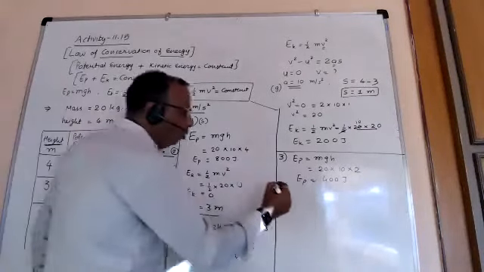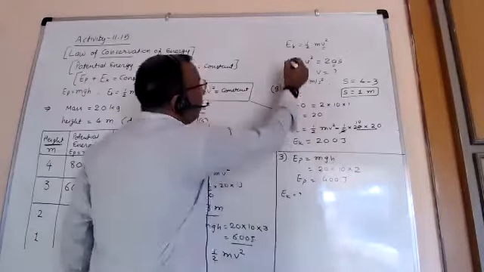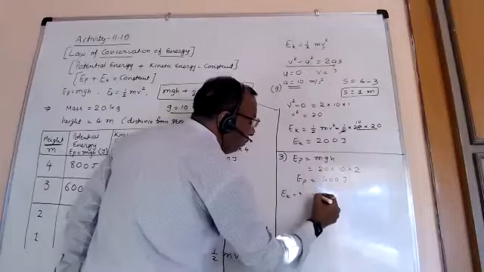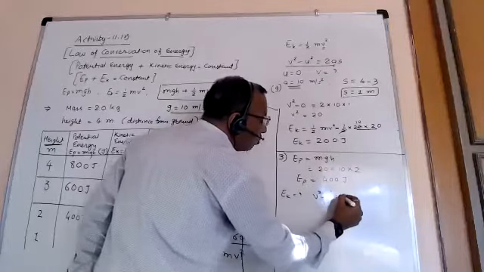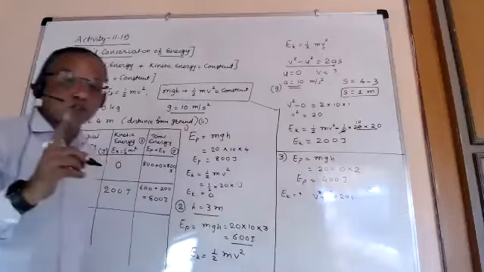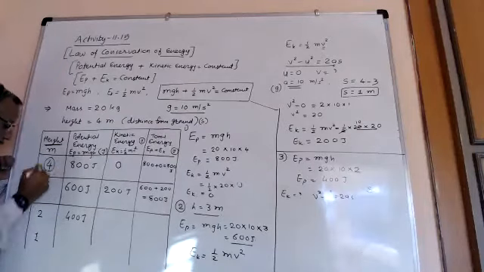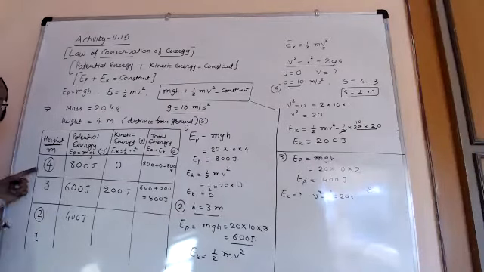Now it's time to find out the EK. To find EK, we have to once again consider this formula, friends, in which v square minus u square is equal to 2as. What is s to be taken? Initial height was 4 and final is 2. So how much distance is covered by the object?